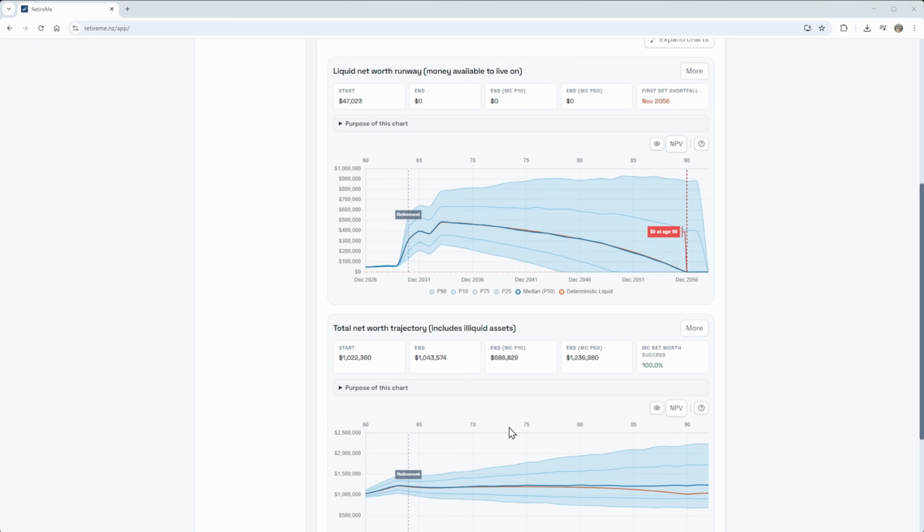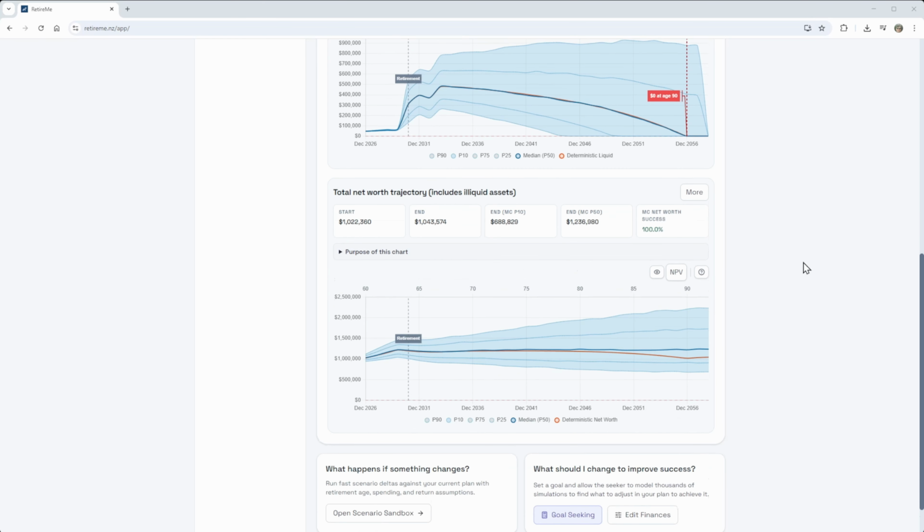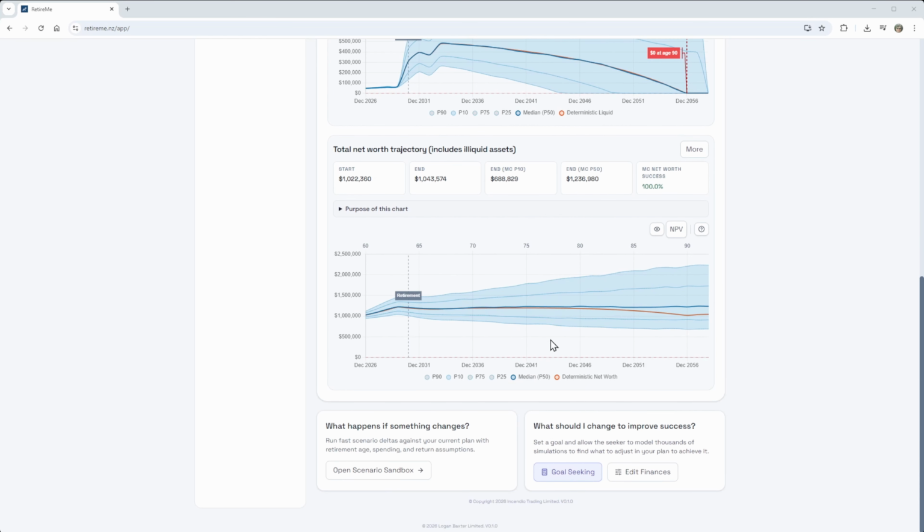The higher trend lines show where investments perform strongly, and the lower lines reflect where there are tougher market conditions. But you'll notice that most results cluster around the middle, while a few scenarios are the outliers above and below. If you look at the net worth trajectory, the overall net worth, you will see that the yellow line, or the orange line, is the deterministic line.